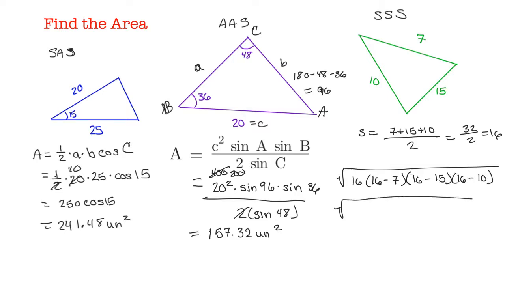So this gives us the square root of 16 times 9 times 1 times 6, which is going to give us 4 times 3 times the square root of 6, or 12 square roots of 6 units squared.